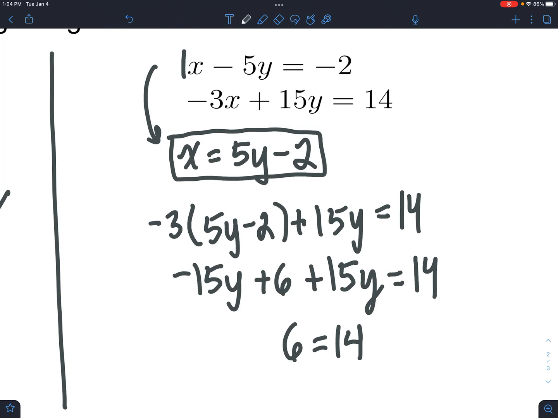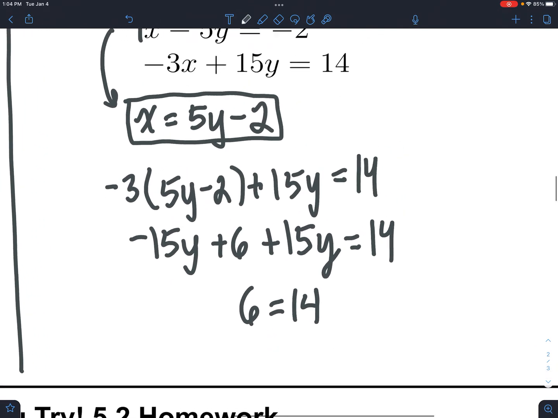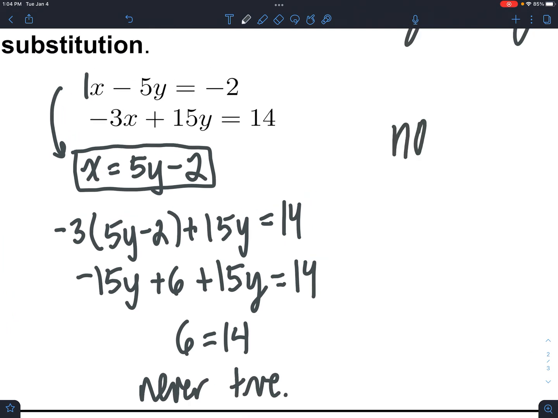Okay. And lo and behold, we get something that just doesn't make sense, ever. It is never the case that 6 is the same as 14. So this is a never true. So this is a no solution.